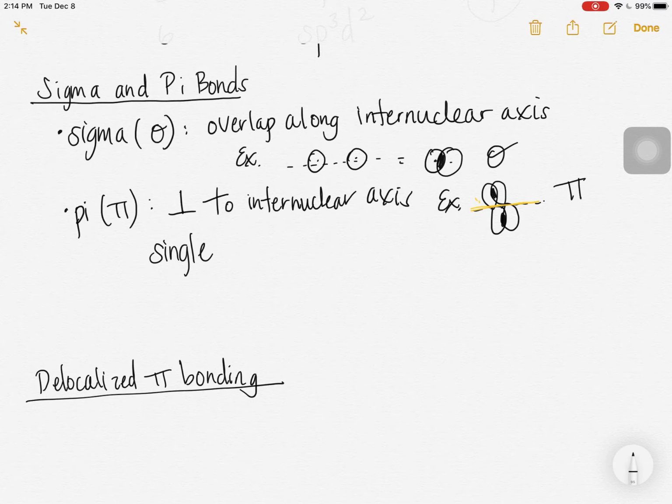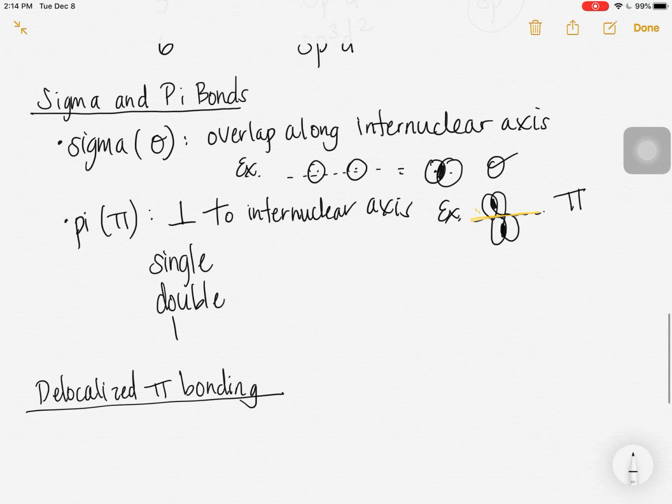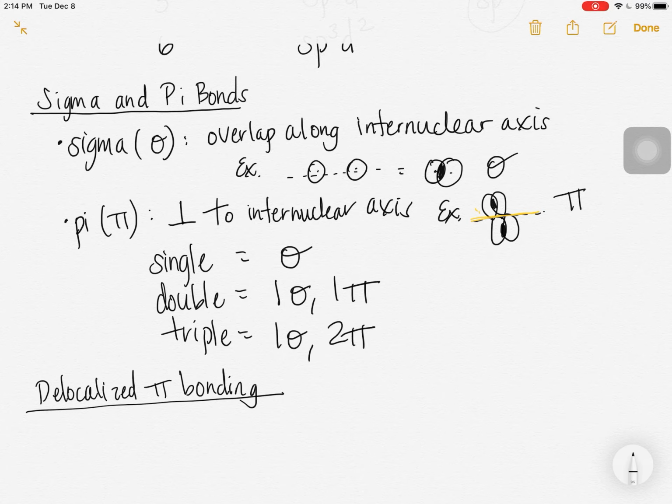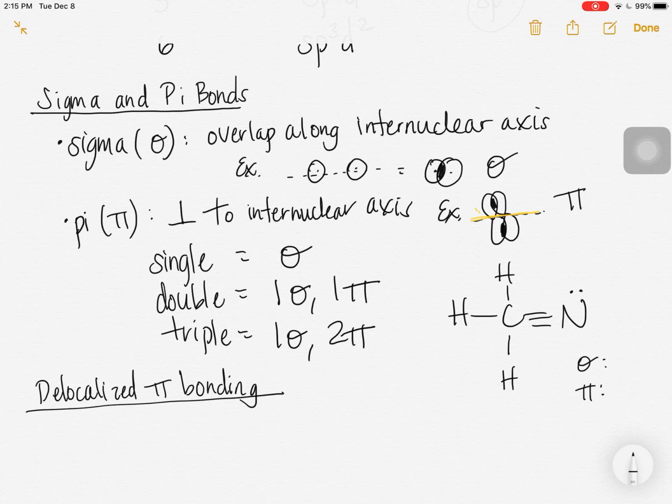But from here, the discussion becomes how we know what bonds are. And we learned that all single bonds are sigma. All double bonds are 1 sigma and 1 pi, and triple bonds are 1 sigma and 2 pi. So you could be given a structure, something like this, and asked to talk about how many sigma and pi bonds.